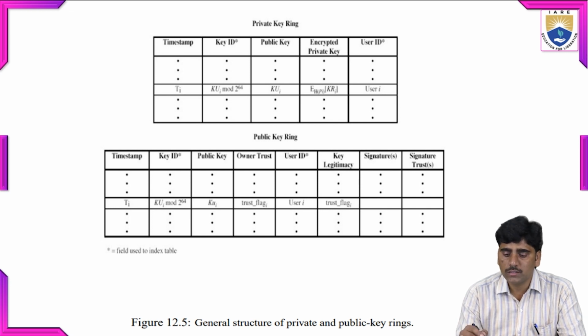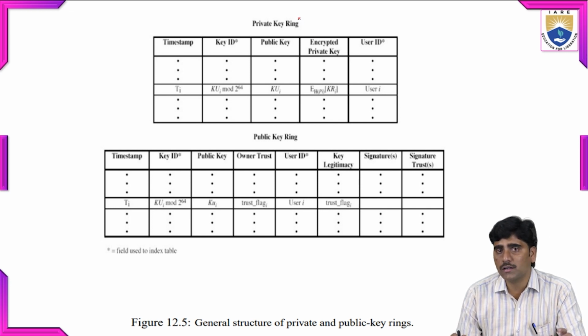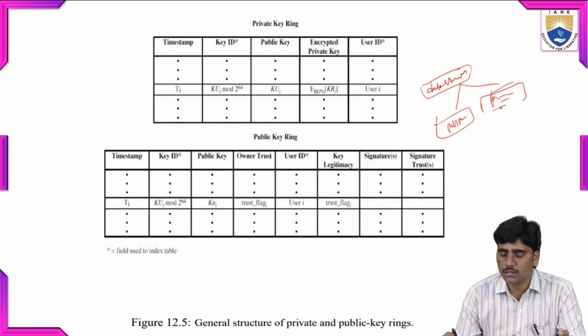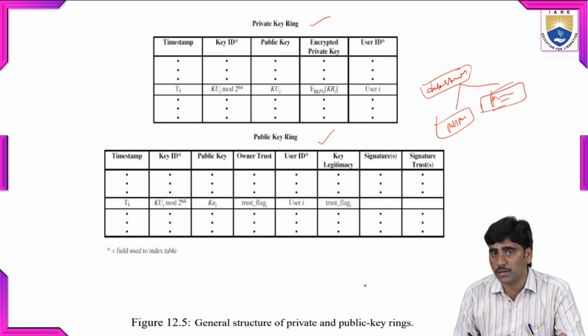We already said that key rings are maintained as data structures for public and private key pairs. The key rings are of two types, the private key ring and the public key ring. Here we show the general structure of the private and public key rings.